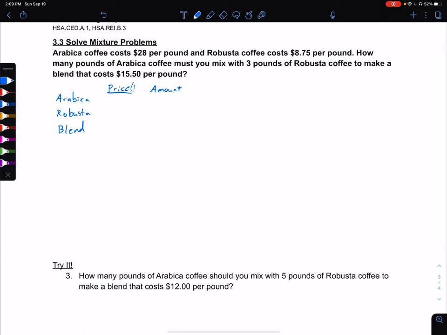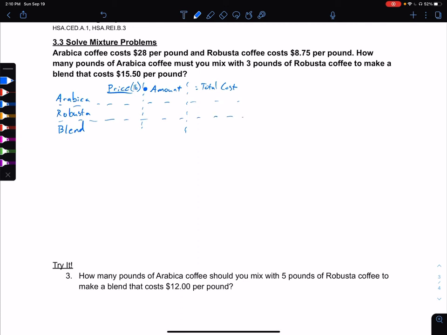So this is per pound. We have the amount, and we have the total cost. So if we were to multiply these together, the price per pound times the amount would equal the total cost. So let's just fill in this chart here.